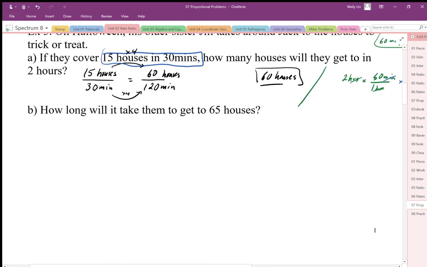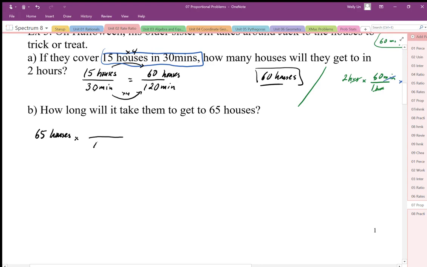So let's do the same thing here. Let's use a unit analysis strategy here. So I'm going to start with 65 houses. And again, if I'm not sure about this strategy, I can always go back to my proportional equation strategy. But I have 65 houses here, and I have this rate, 15 houses in 30 minutes.